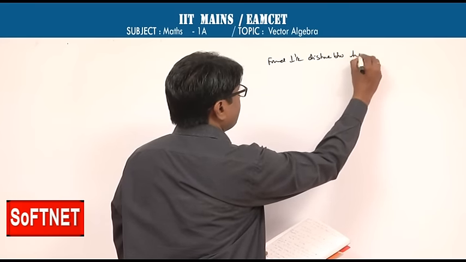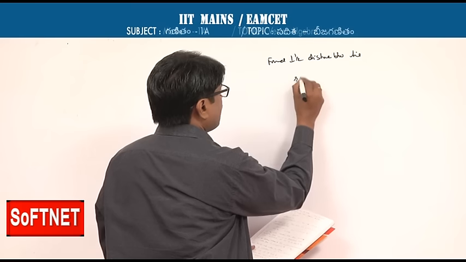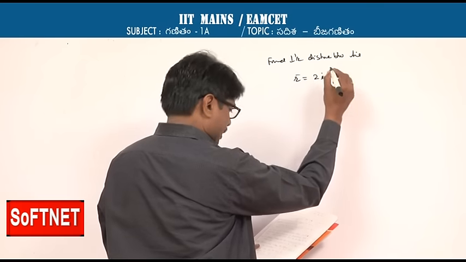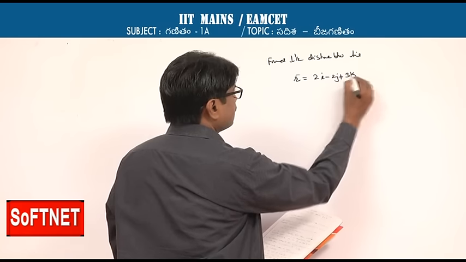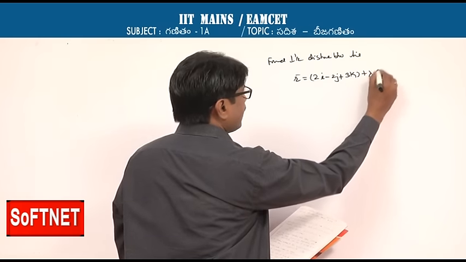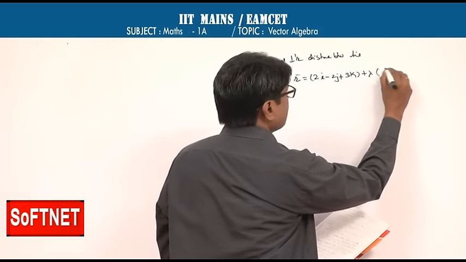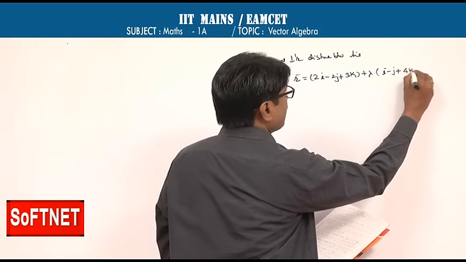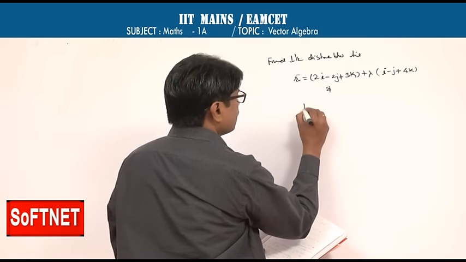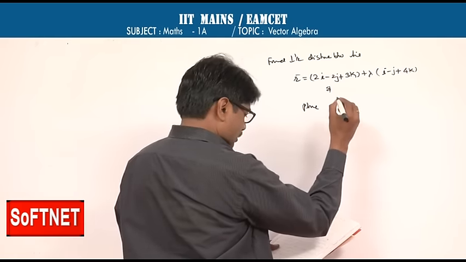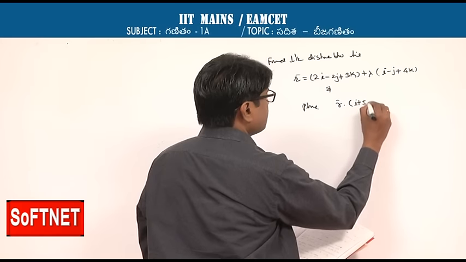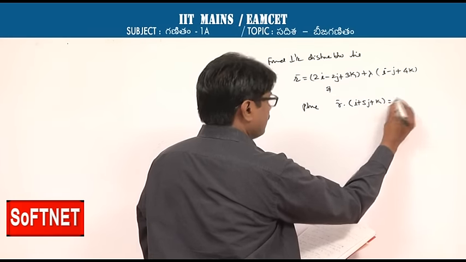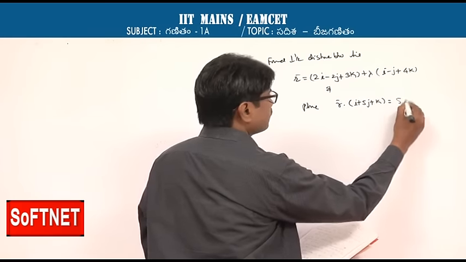between the line r bar is equal to 2i bar minus 2j bar plus 3k bar plus lambda times of I bar minus j bar plus 4k bar and the plane r bar dot I bar plus 5j bar plus k bar will be is equal to 5 ma.